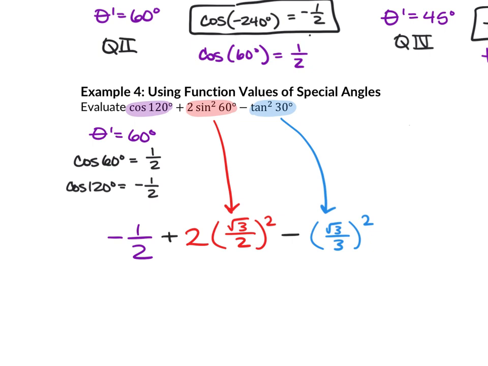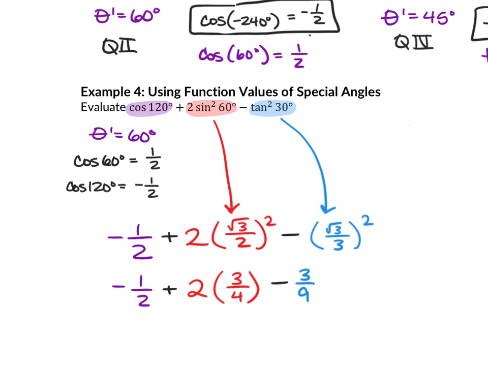Okay, well this is all numbers. Let's do some algebra. We can't reduce the negative 1/2 yet, so we'll leave it like that. If we take square root of 3 squared, that's just going to be 3. So this is going to be 2 times 3 over 4, because you square the top, square the bottom. Square the top, square the bottom for the blue, that's going to be 3 over 9.